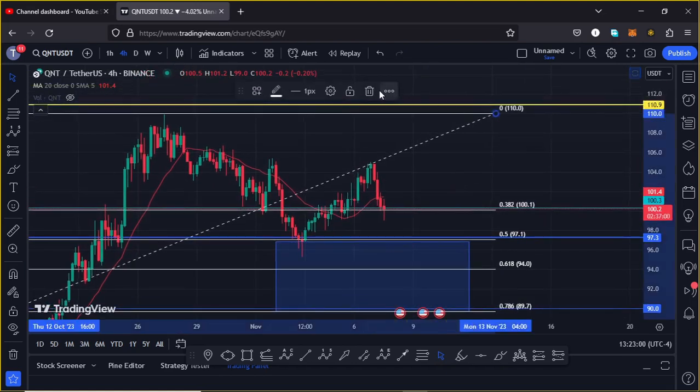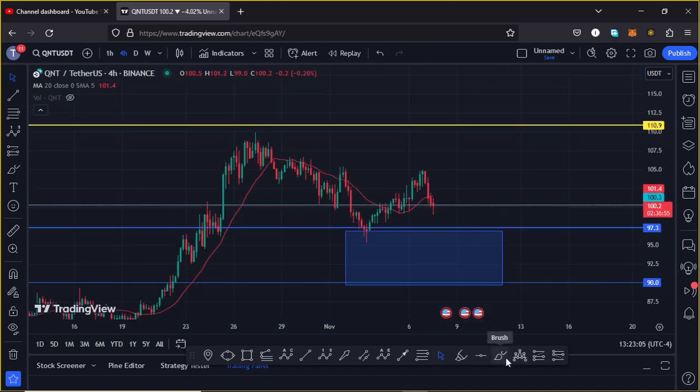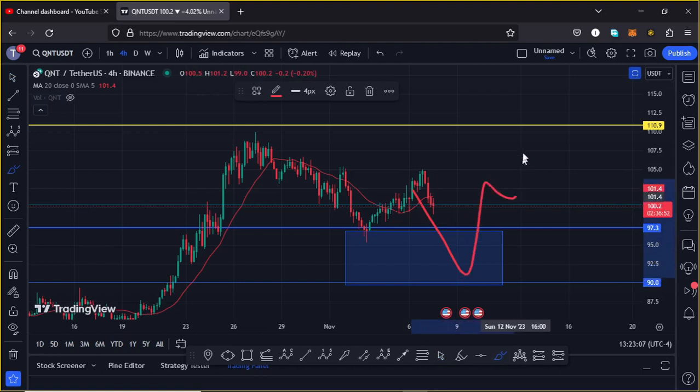Once the target area is fully maximized, we can expect a reversal to the upper side, breaking above resistances and getting above the $120 mark, which is our other area of resistance.